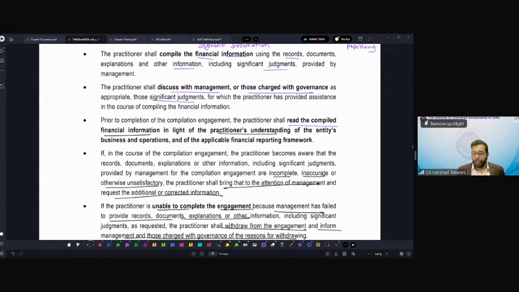When we come to the due diligence chapter, we will discuss the different types of due diligence. Due diligence is way more detailed than agreed upon procedures or compilation engagements.